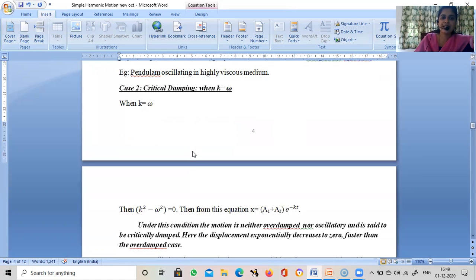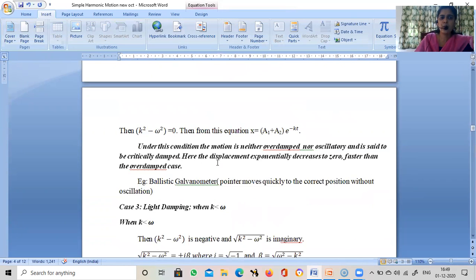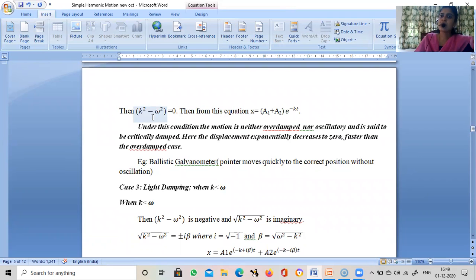Now case 2, that is the critical damping condition, when k is equal to omega. When k is equal to omega, k square minus omega square will be equal to 0.